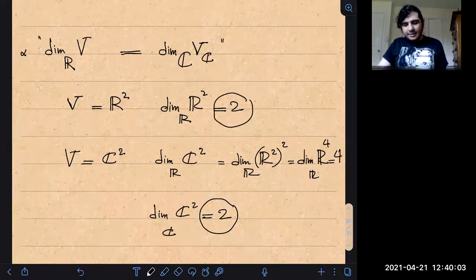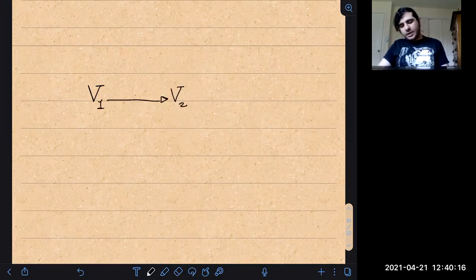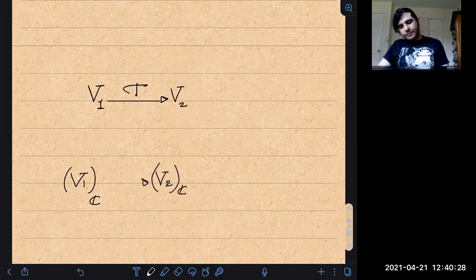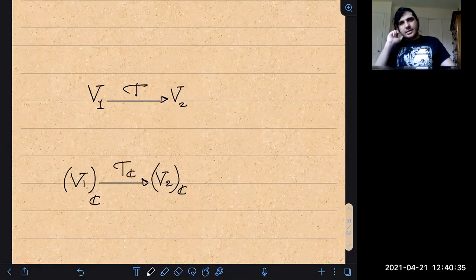That's one thing. The other thing which I want to say, and maybe we would finish today's class, is that when we have two vector spaces over R, V1 and V2, and a linear map between them, say T, we can look at the complexification of these two vector spaces, V1C and V2C. And as I mentioned, there would be a complexified linear map between these two.